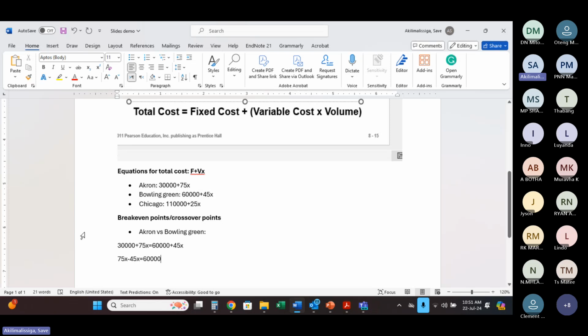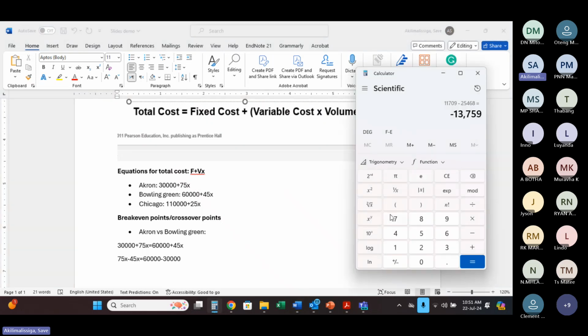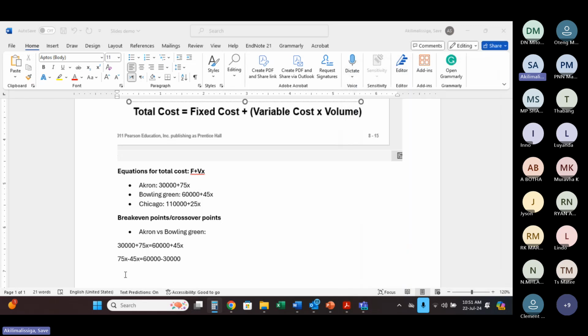The 30,000 will go to the other side, so that is minus 30,000. And 75 minus 45, that's 30.